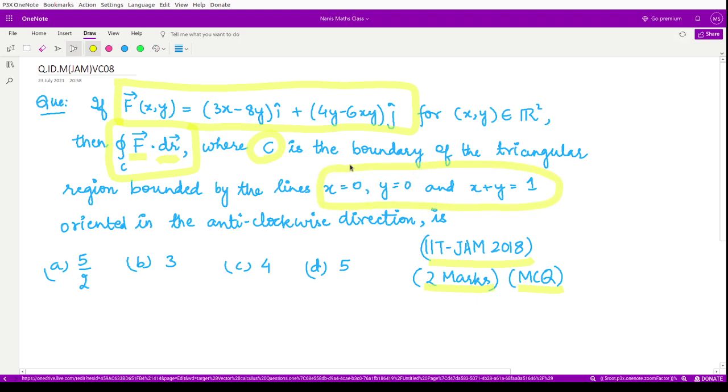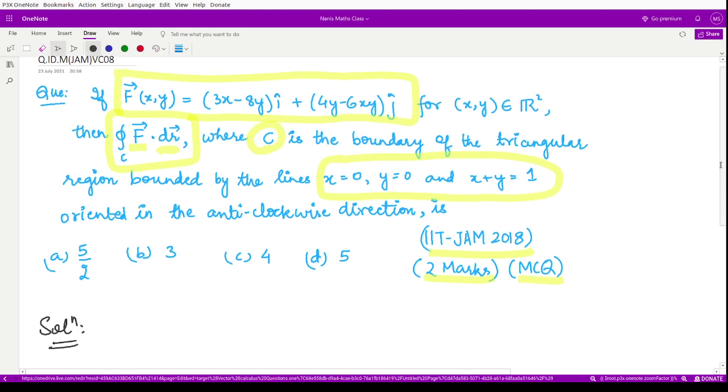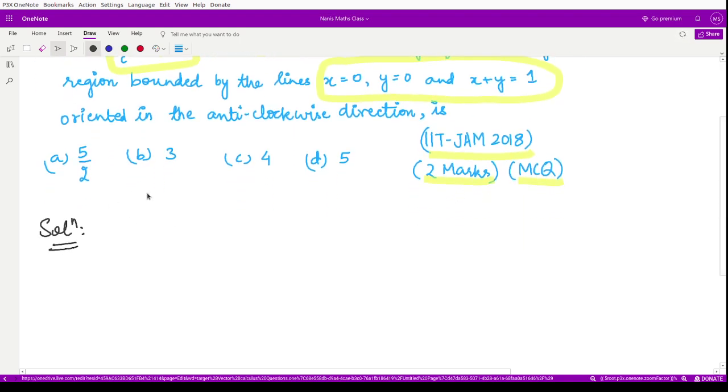So as usual, our first step would be to visualize this region. So let's do that first. Here you may see that because we are given a 2D plane, we only have to draw the x and y axis. So x is equal to 0 is this y axis only, y is equal to 0 is this x axis only, and x plus y is equal to 1 is a line which passes through the point 0 comma 1 and it passes through the point 1 comma 0.